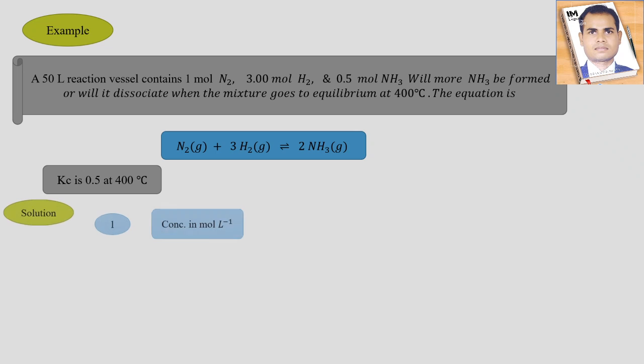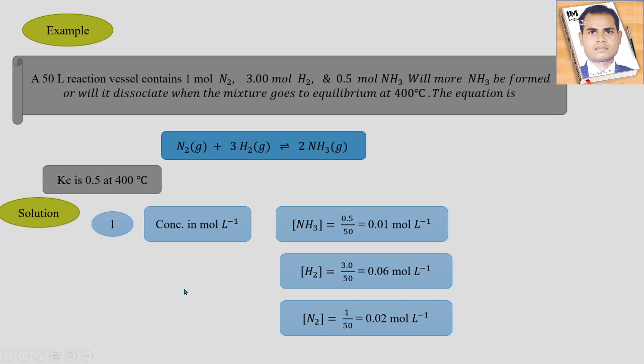For the solution, we first have to find the concentration in moles per liter. For every species, for ammonia we have 0.5 moles, divided by the 50 liters of the whole solution, so 0.5 divided by 50.